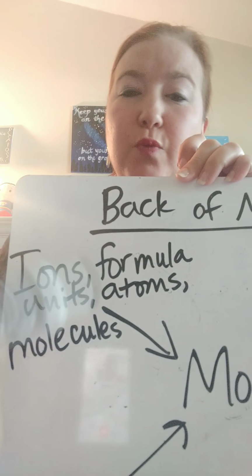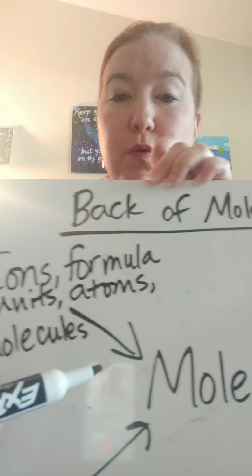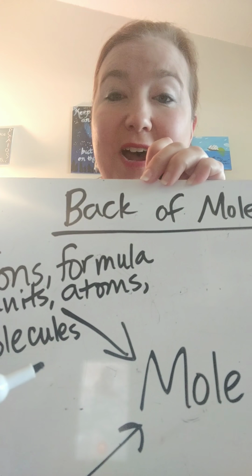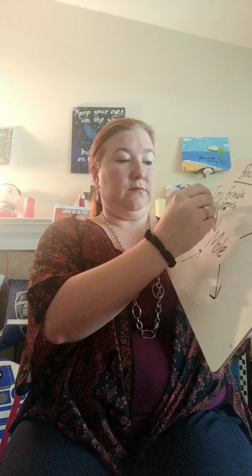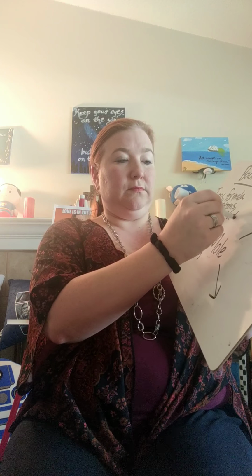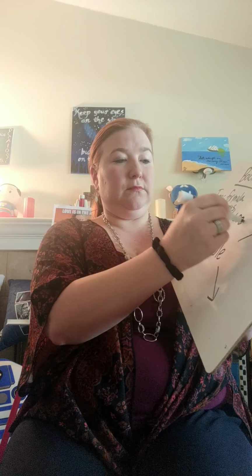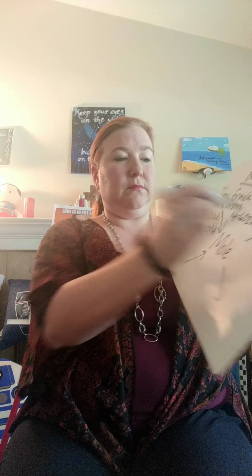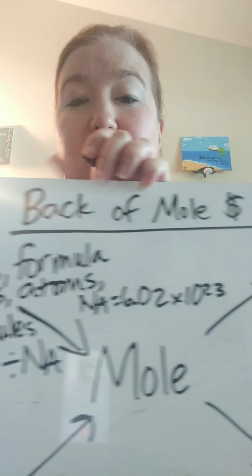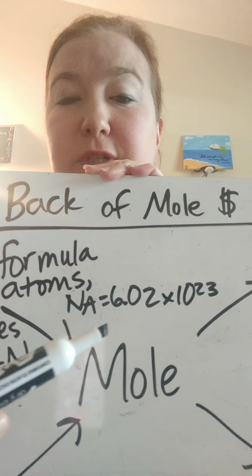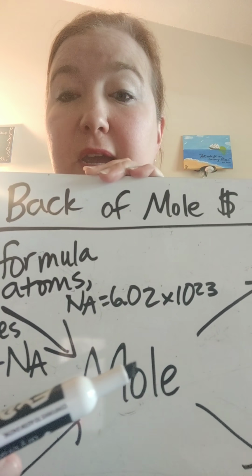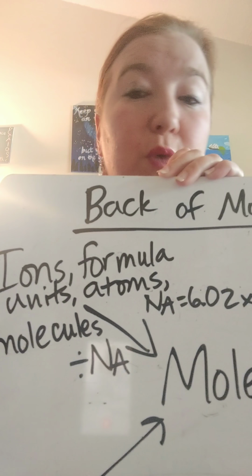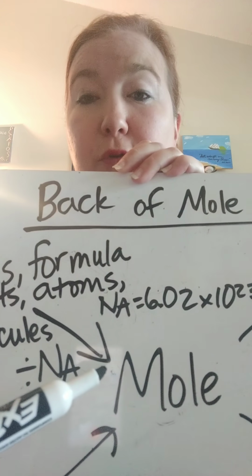And to get from these really, really big things to the mole in the middle, we have to divide by Avogadro's number. Now, Avogadro's number is a very fixed number, 6.02 times 10 to the 23rd power. So it will take you from something really, really big to something smaller, the mole.